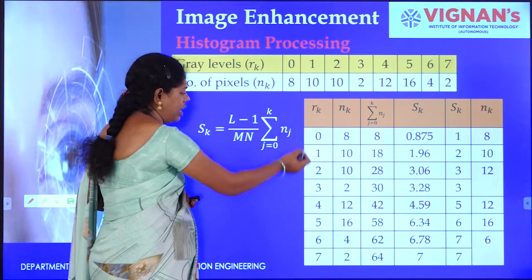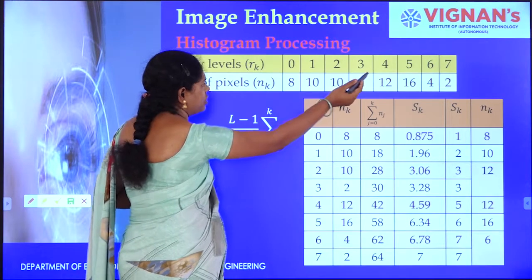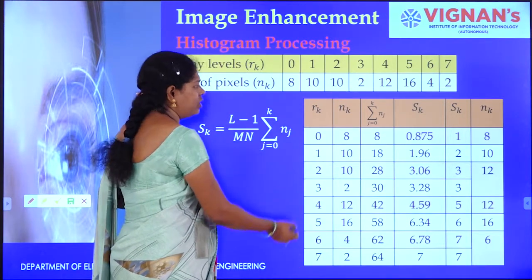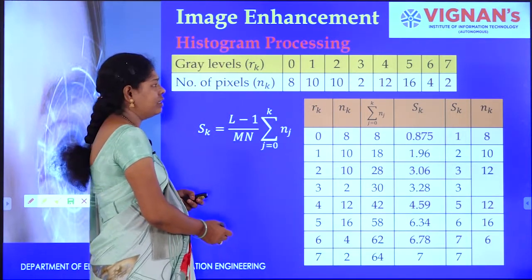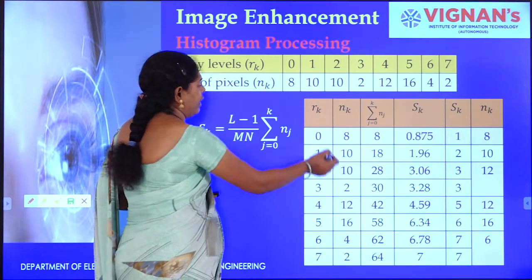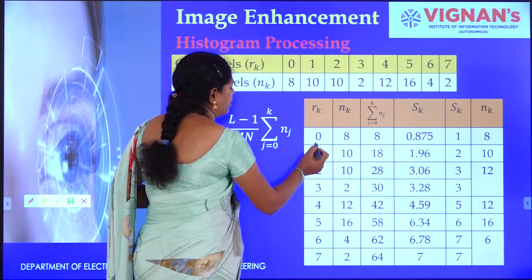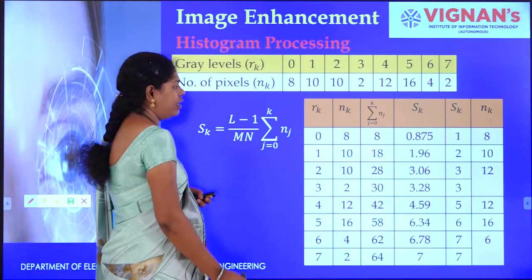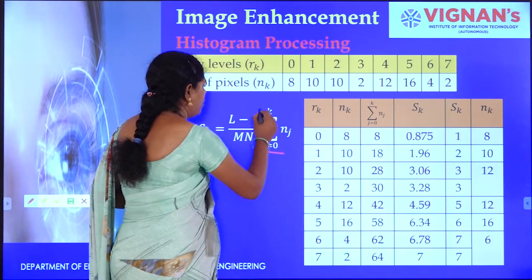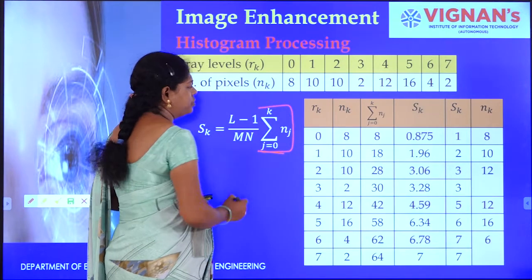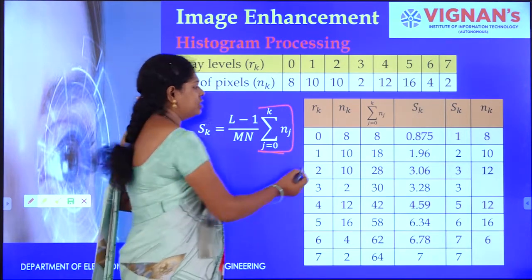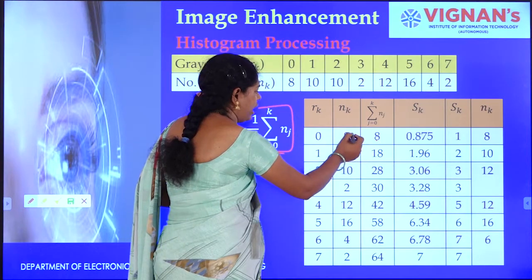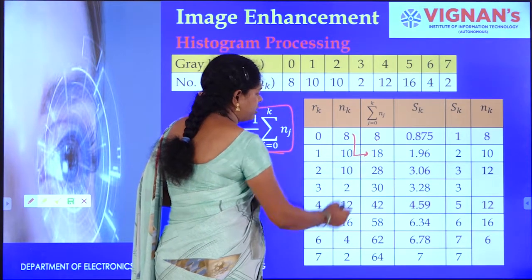Let us consider Rk, the intensity values 0 to 7. Here also we are considering a 3-bit, that is 8 level image, and the corresponding nk. Here the 0 is placed with 8. Next we find the cumulative summation: the first is 8, and next we add these two, that is 18.